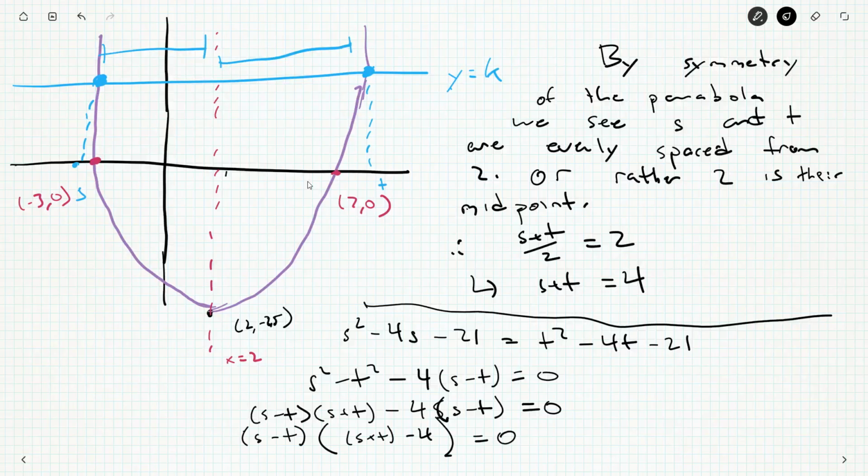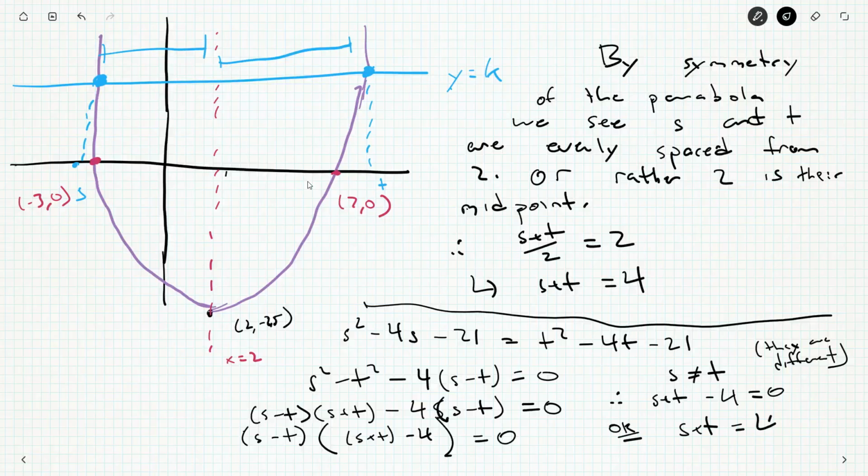Like I said before, if we've got a product here and it's equal to 0, one of these has to be equal to 0. But s and t are different. They told us that. So that tells us that s minus t is not the one that's equal to 0. So s plus t minus 4 is equal to 0, or rather, just rearranging, s plus t is equal to 4.